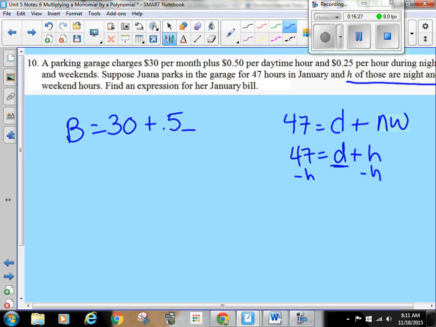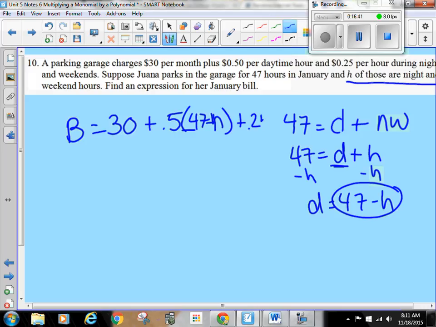So we're going to subtract H from both sides. So D equals 47 minus H. This is now going to be for our daytime, 47 minus H. Okay, plus our 25 cents per H night hours.